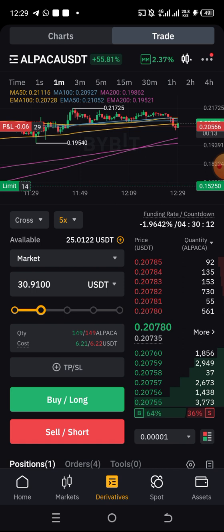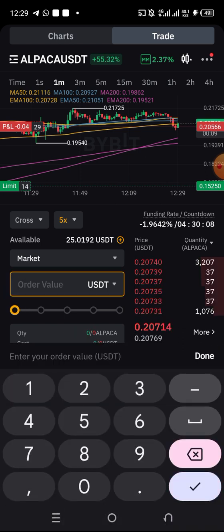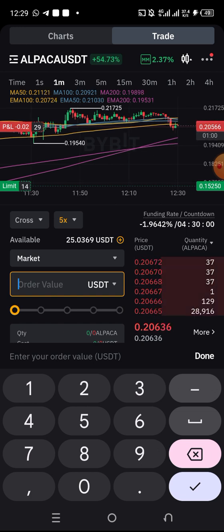Okay, and when it gets to this value, as I always tell you, make sure you calculate 5% of your overall capital you have in your account. And how do you calculate that? Divide your capital by 100. Let's say you have $100 in your trading capital.